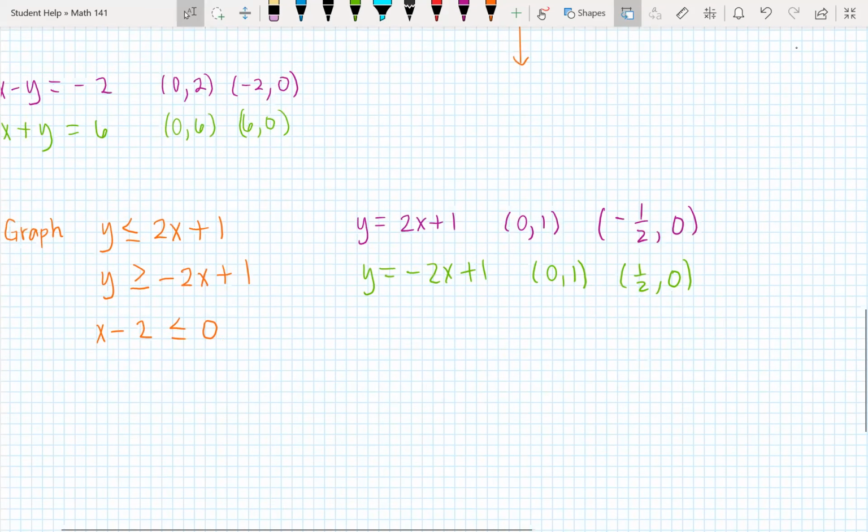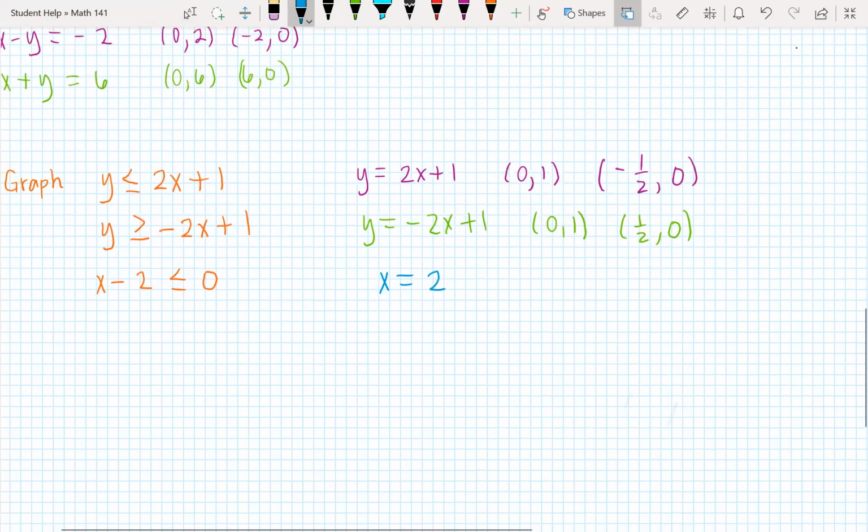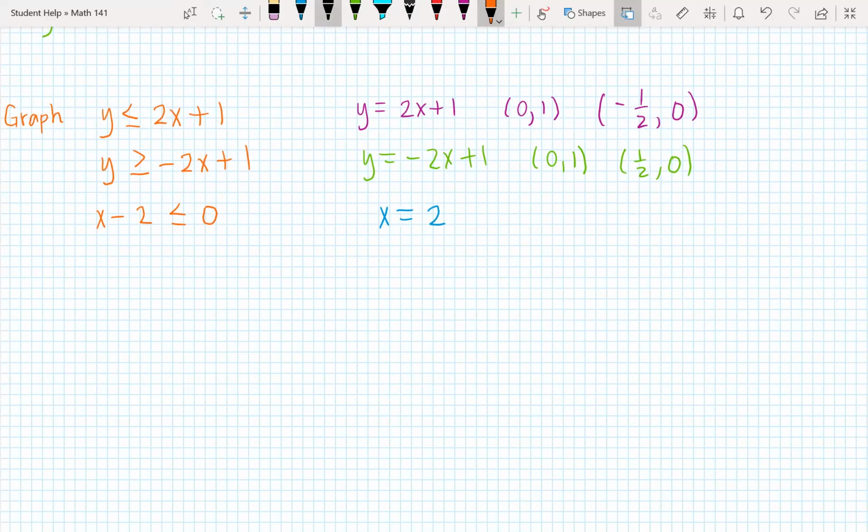Okay. And then for the last one, let's get a different color here. Let's use blue. This is the line x equals 2. I'll have to move the 2 over to the other side. All right, let's put these components together. Axis black. So for the first line, we're at 0, 1, which is here, and then negative 1/2, 0, which is here.